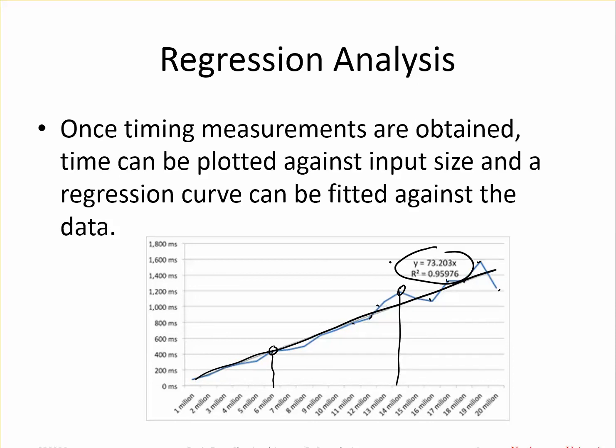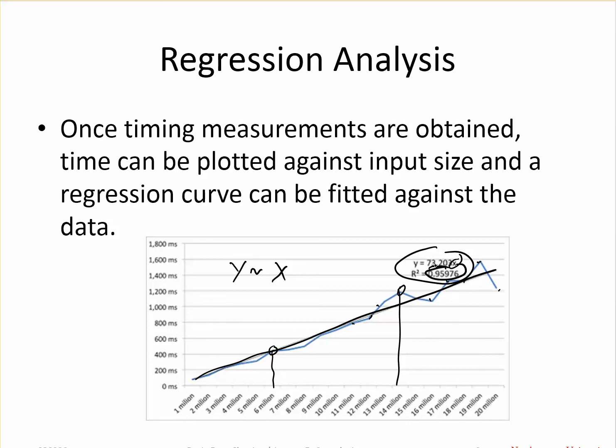So you know that the amount of time it takes to run is 73.203 times the size of the input. So you know there is a linear relationship between the amount of time it takes to run and the input size. And if you look at the regression coefficient, it's a pretty strong regression model with a very good R squared, which is the coefficient of determination.